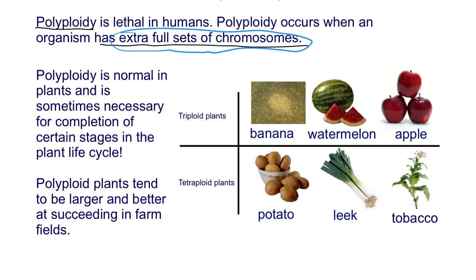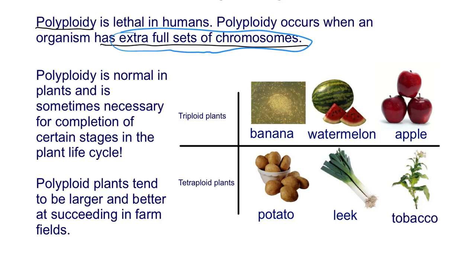If this happened with humans or animals, it is lethal. The zygote would never live past a few cell divisions. But for fruit or vegetables, you can increase the yield.